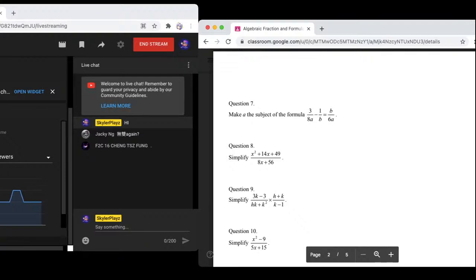Factor out the a. Yeah, factor out the a. And then 9 minus 24 over b, minus 4b equals 0. And then a simply equals 0.